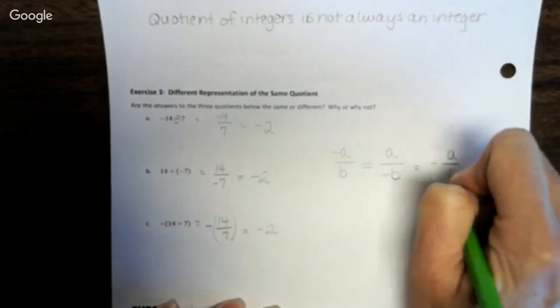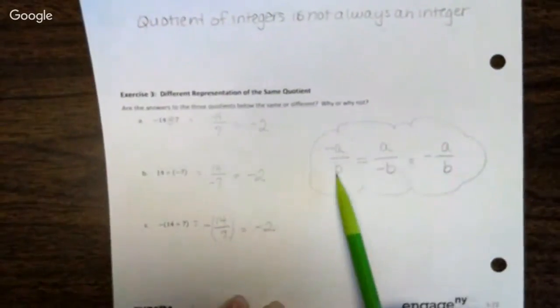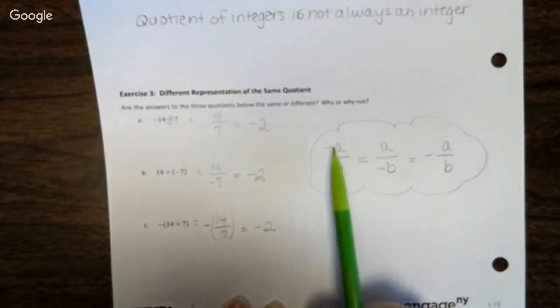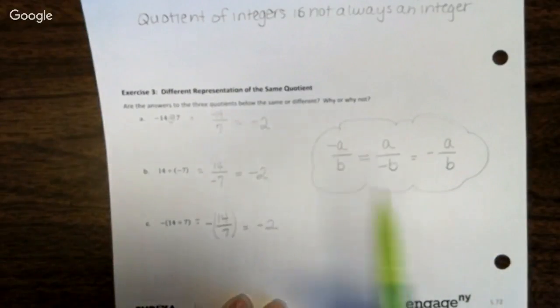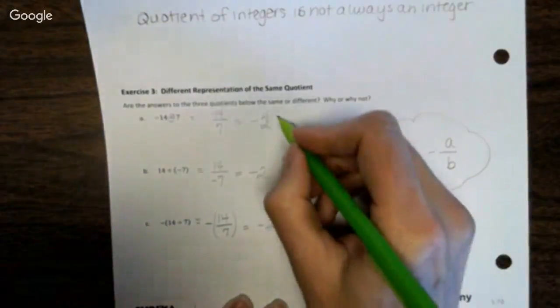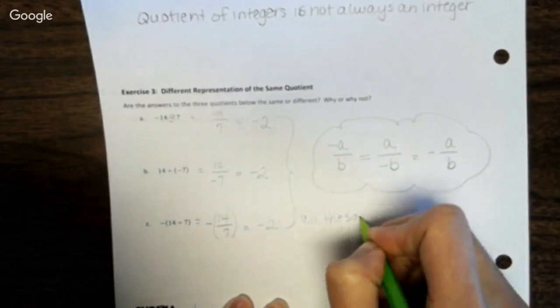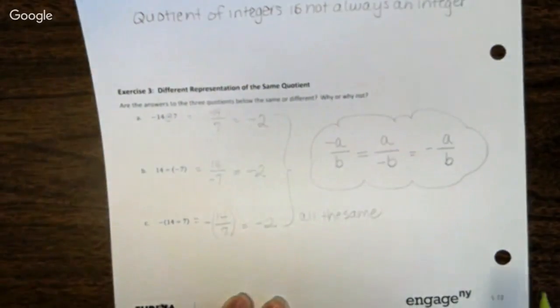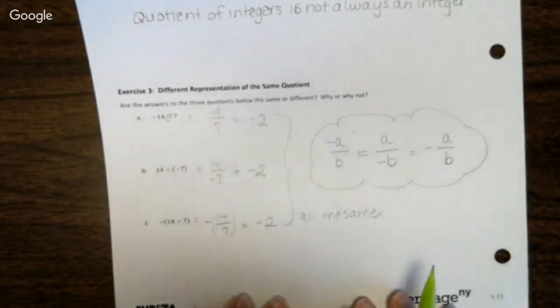Or you can have the negative sign out front. And all answers will always be the same. And that's because opposite signs gives you a negative answer. So if you have one negative sign in there, it will give you a negative answer. So yes, these are all the same. Because it only contains one negative sign. It doesn't matter if it's in the top, the bottom, or on the outside.